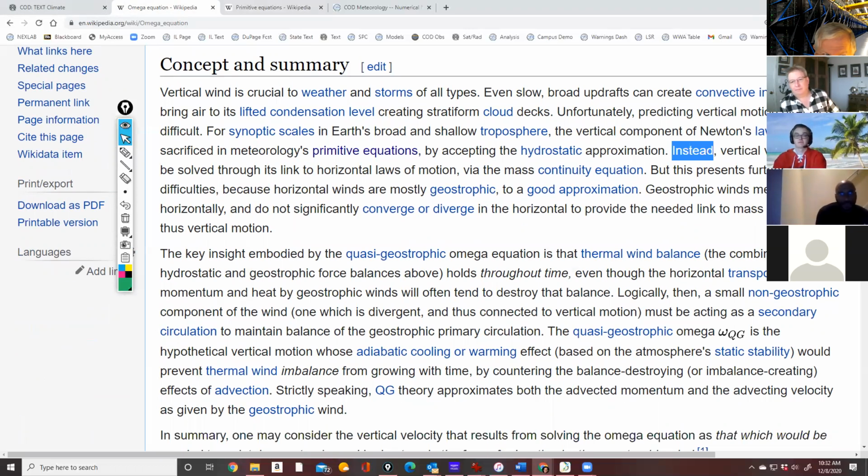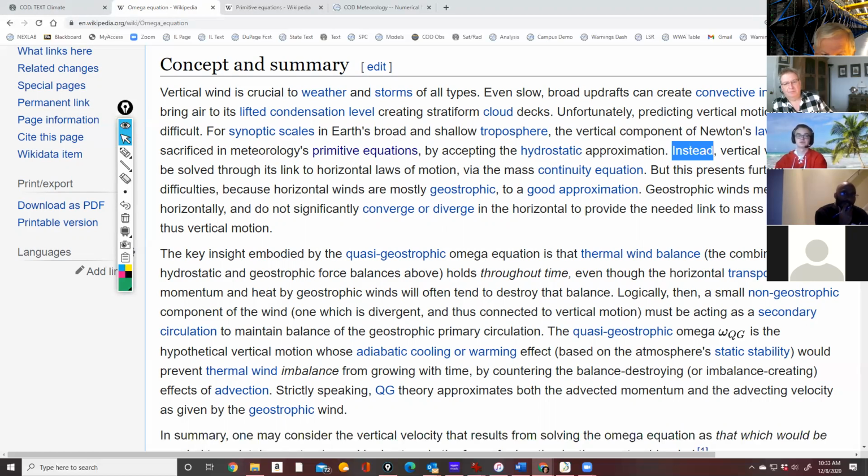Instead, vertical velocity must be solved through its link to horizontal laws of motion via the mass continuity equation. But this presents further difficulties because horizontal winds are mostly geostrophic to a good approximation.